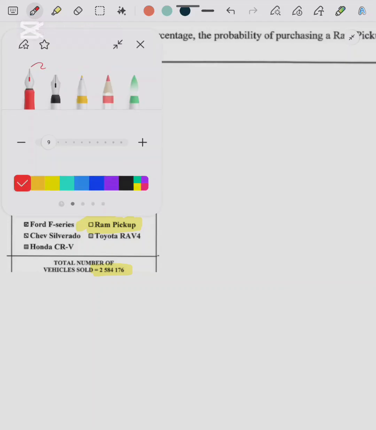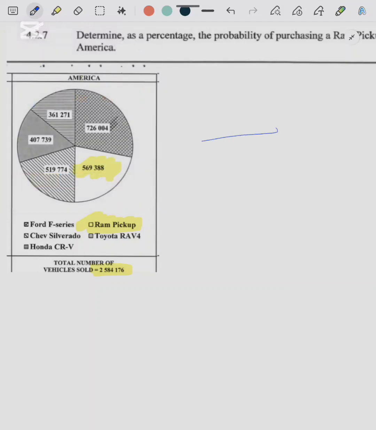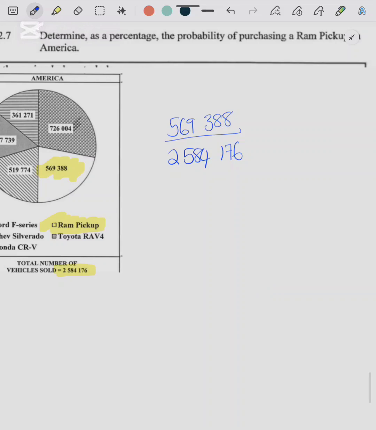Probability as a fraction: the part we're concerned with is the Ram, so that's 569,388, out of the total in America, 2,584,176. Because they want it as a percentage, we multiply by 100, and you get 22.03%. Please make sure you have the percentage symbol in there as well.